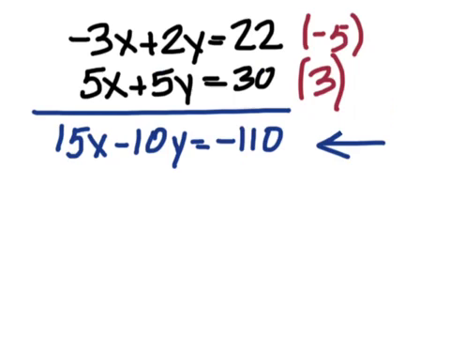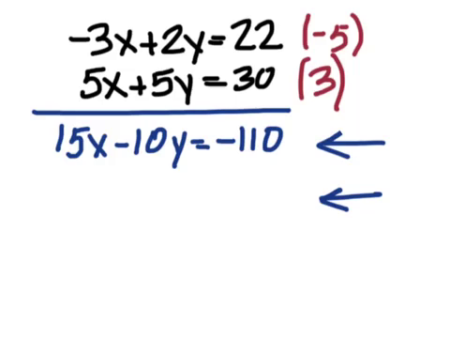Alright, so that equation for the first one should be 15x minus 10y equals negative 110. If you have that and only that on your paper, come up here and get it. Alright, I need the next equation after you multiply it by 3.